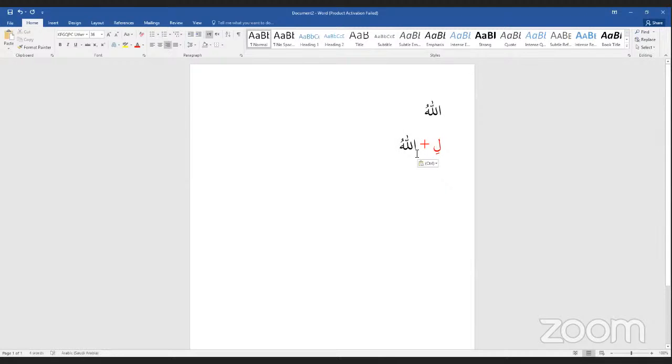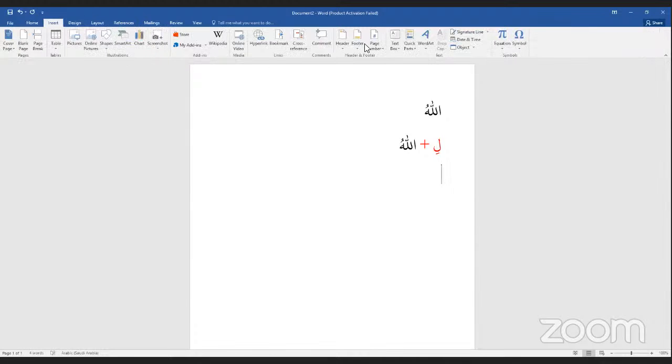Why? Because this is Hamzatul Wasl. I explained to you in the first class that Hamzatul Wasl can be written in three styles. One is this style, that it will not carry any sign over it. Another is written like this one.